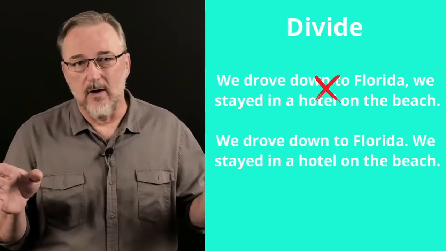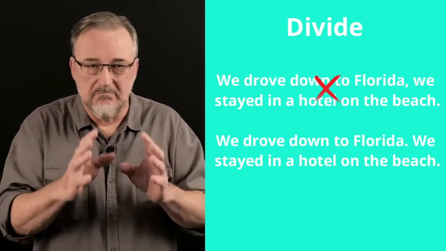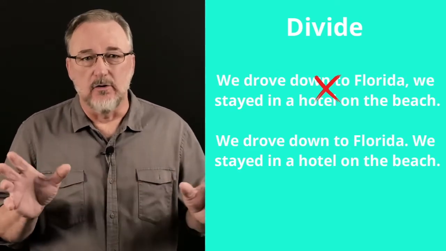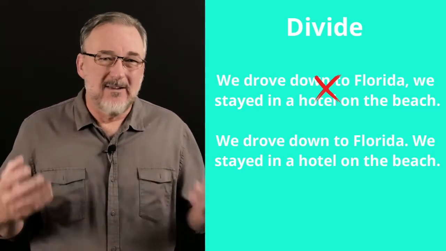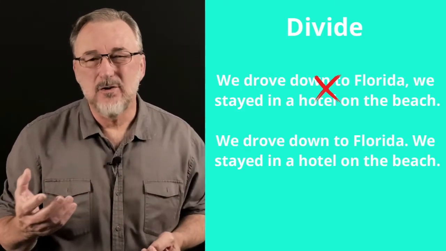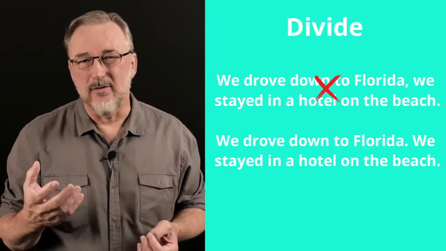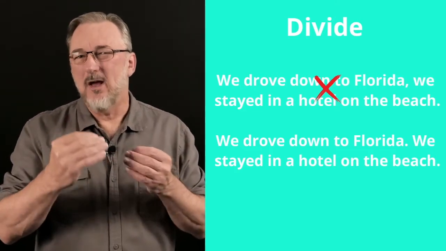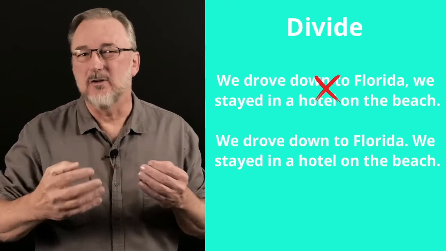We stayed in a hotel on the beach. It's two perfectly correct sentences. Good solution. But it's not always the best solution. Because, well, if the two sentences were stuck together, they probably have a close relationship. And so we have other methods that allow you to explain that relationship.